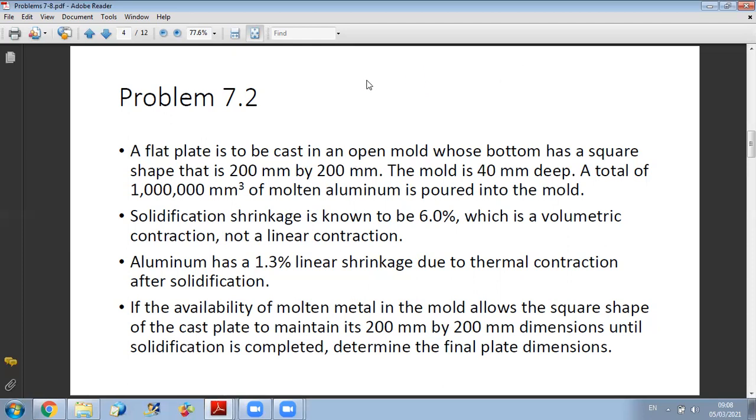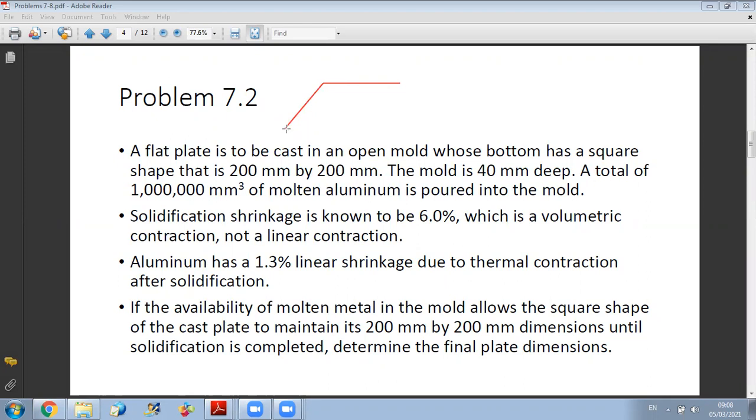Okay, so what we will do here first, let us do a small figure that will allow us to understand what is happening. So first, they are telling us that our mold has a square base, like this. The dimensions of the base are 200 by 200. And as you know, we have two phases of shrinkage.